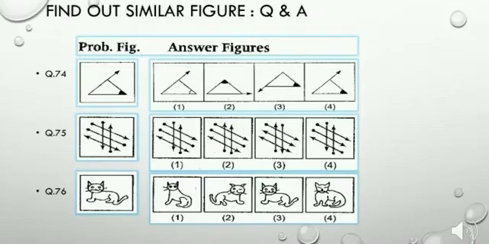Let's go to the next question, question number 76. There is one problem figure given and there are four answer figures given. We need to check which of the options is correct. Let's check for the tail, this portion. It is pointing on the right side. Here it is a mismatch.